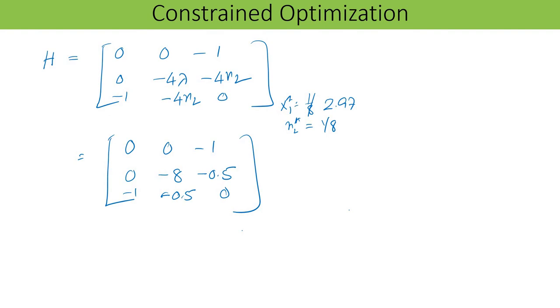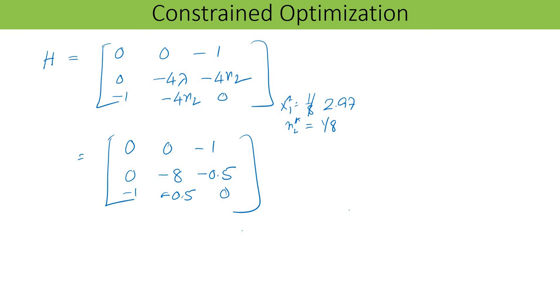Sorry, this is a negative definite matrix, and therefore whatever solution you are getting is a maximum point. Okay, so you can find out the eigenvalues.